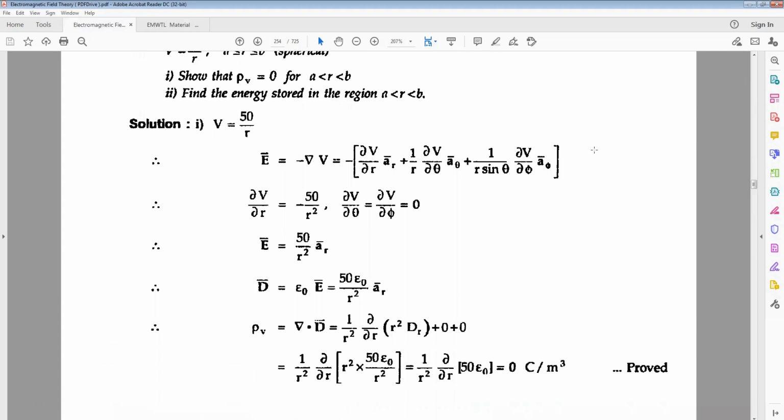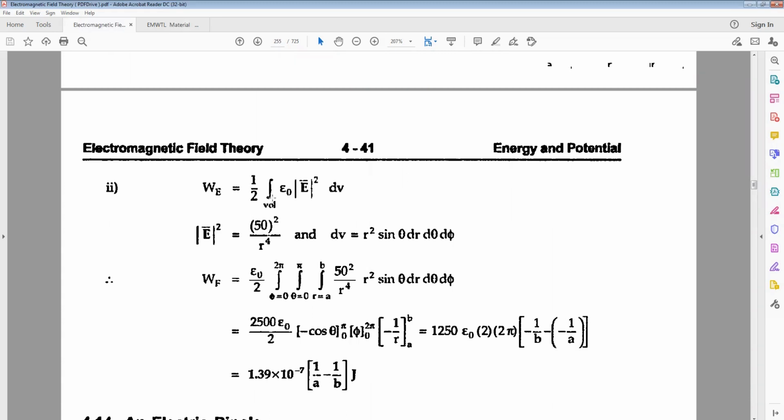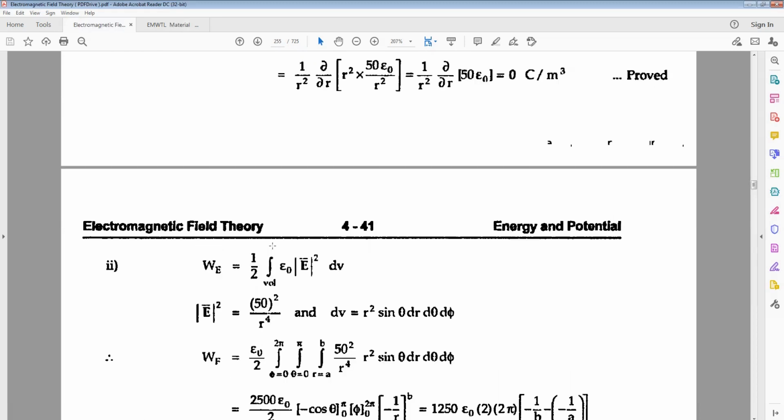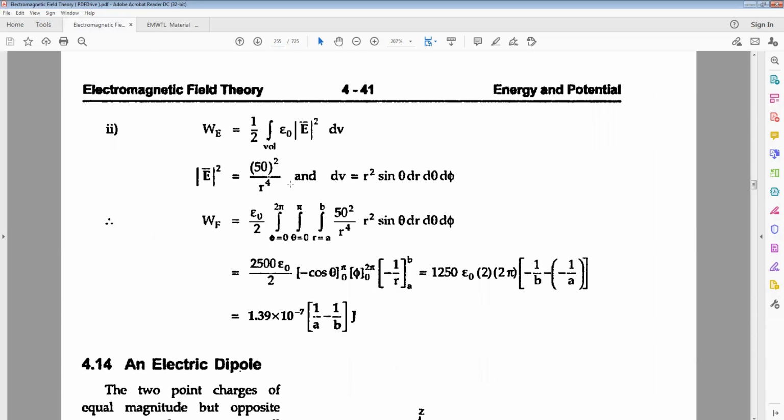And the last one, they are asking to find the energy stored in the region A to B also. Energy stored, the formula is 1 by 2 epsilon naught E bar square. E bar we got as 50 by R square. Now its square term is 50 square by R power 4. So dV we know.